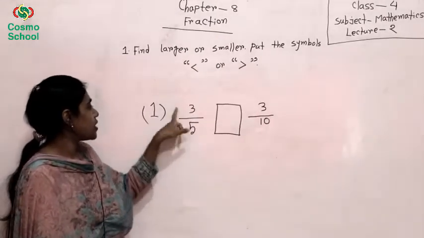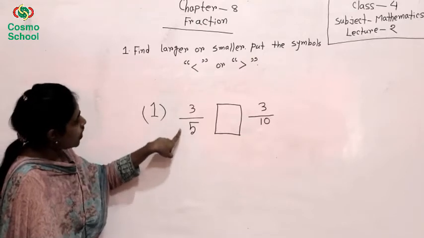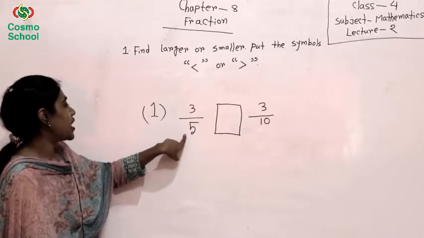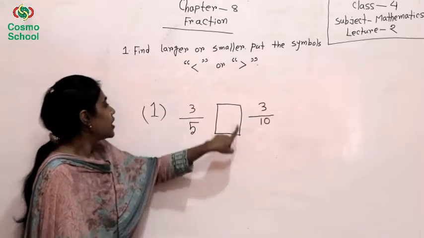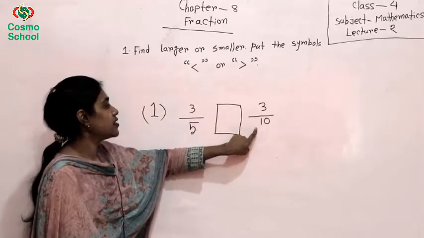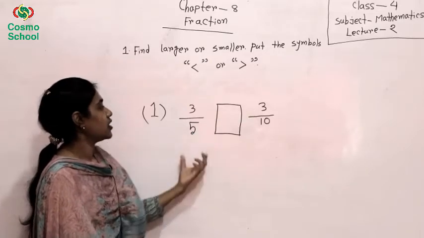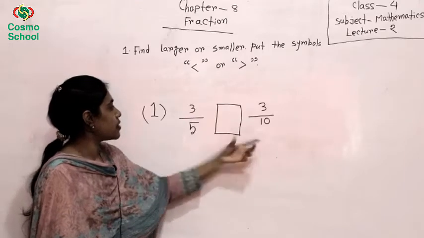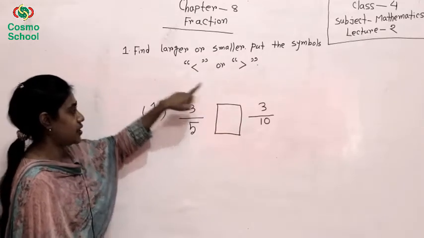In here, the first fraction is 3 divided by 5. Here 5 is the denominator and it is larger than the numerator. And the second fraction is 3 divided by 10. In here the denominator is 10 and it is larger than the numerator. In the two fractions the numerators are the same and that is 3.